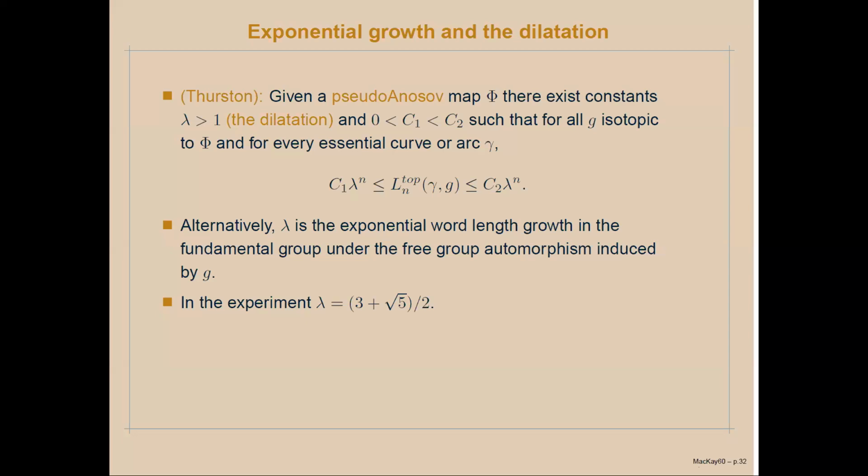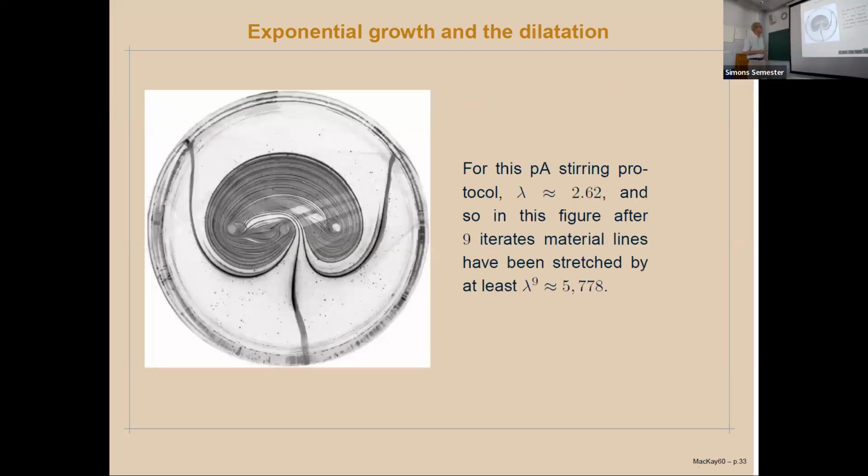Okay, good, thank you. Okay, so here is this. Remember, this was a picture. This is glycerin. This is dye. We've switched these in the pseudo-Anosov way 9 times, and lambda was 2.62. Again, I didn't say this, but this is basically the matrix (2 1; 1 1). You do it on the torus and mod out by the Weierstrass P function, you get this.